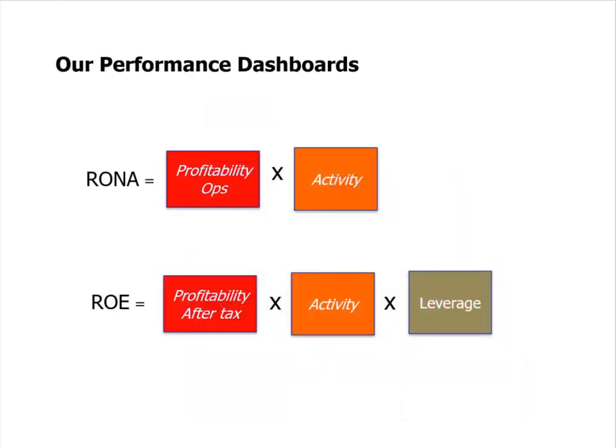And the result is we have two dashboards, if you want, or a dashboard containing two different measures. And now we can look at a business using just these two items and their subcomponents.